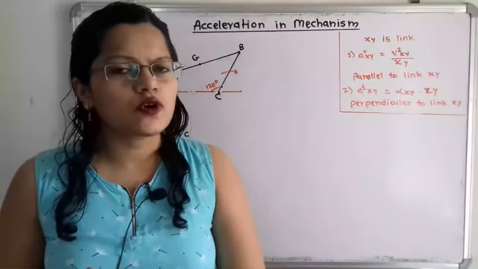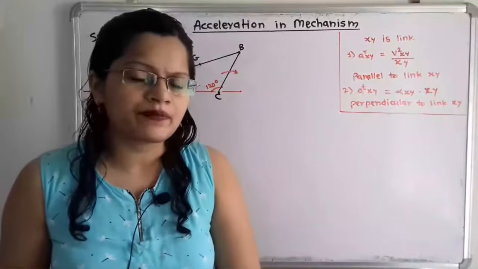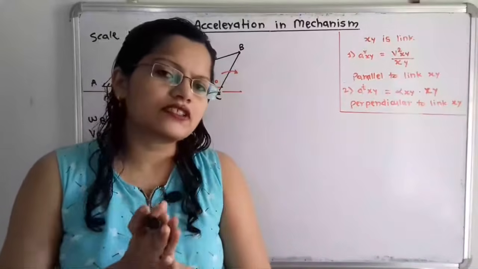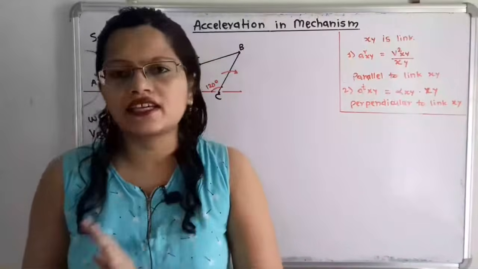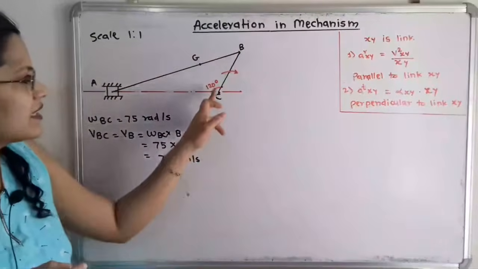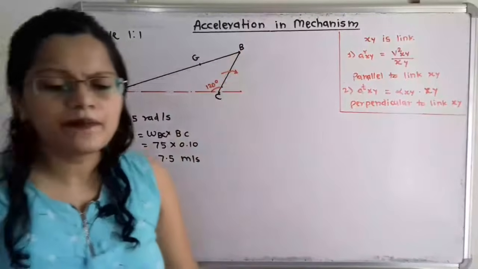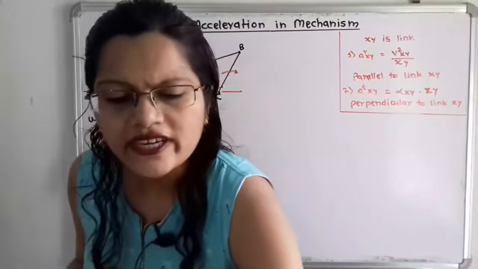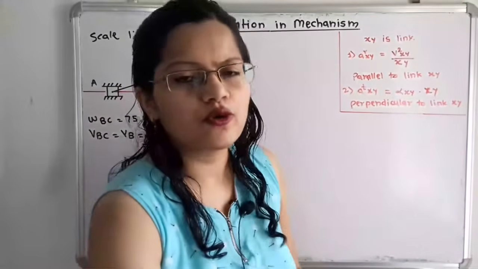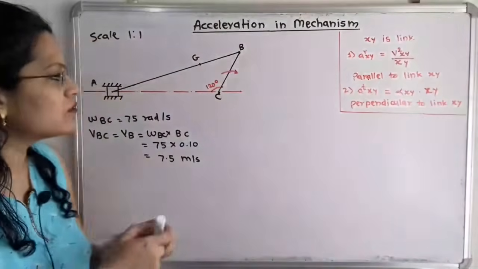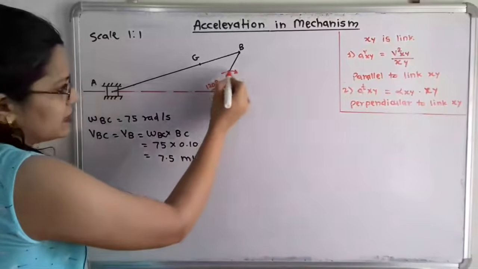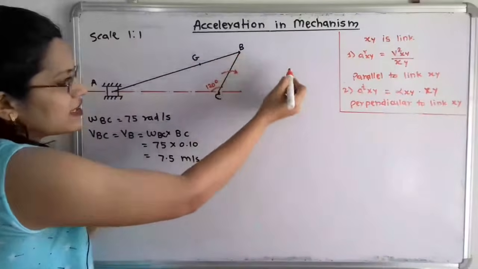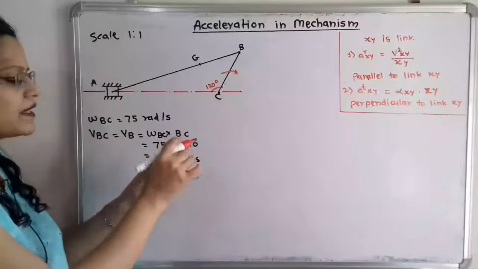So how to show this linear velocity in the diagram? We know that this linear velocity is in the perpendicular direction to the link. Here is the inclined link BC. Now I have to show in which direction. If we observe, the rotational motion is in the clockwise direction, so in the same direction we have to draw one perpendicular line.